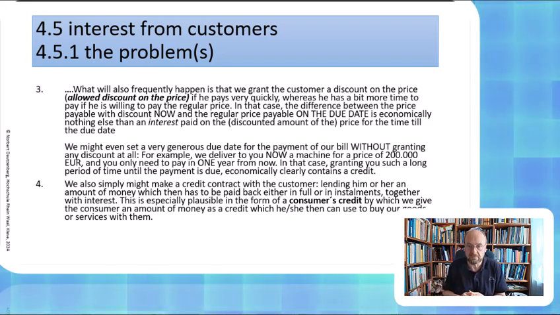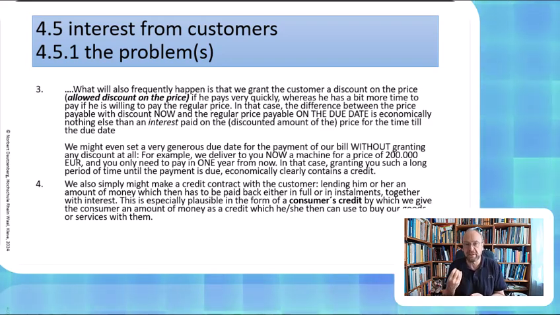It might even be that you just set a very generous due date without openly disclosing that there is an interest element contained. For example, if I say I deliver a machine for 200,000 euro to you now, and I set you a due date for payment of a whole year.